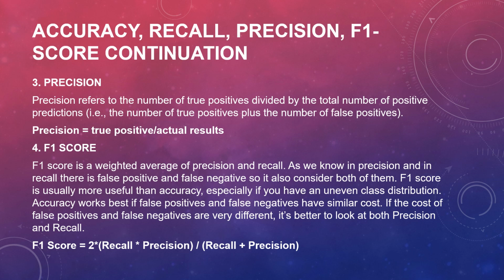F1 is usually more useful than accuracy, especially if you have an uneven class distribution. It works best if false positives and false negatives have similar costs. The formula for F1 is 2 into recall into precision divided by recall plus precision.